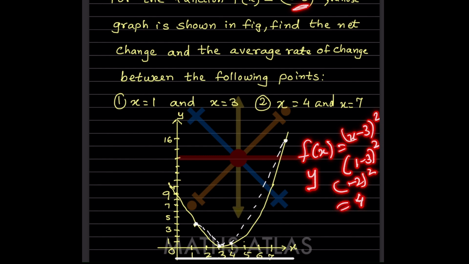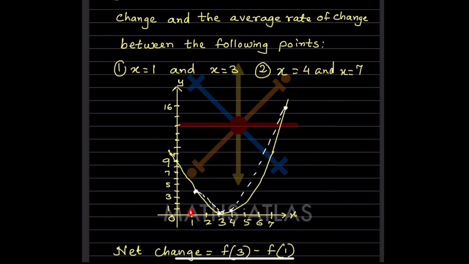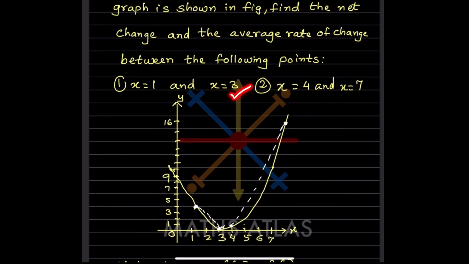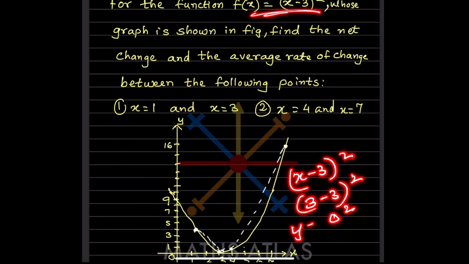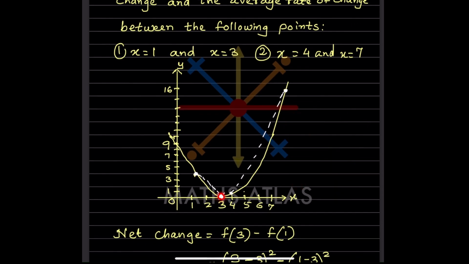So y is 4. So when we have this 1, this y is 4 means the point should be here. Now we will see for 3. So if it is 3, we have the function f of x is (x minus 3) whole square, that will be (3 minus 3) whole square, that will be 0 square. So y is going to be 0. So it is going to stay over here.